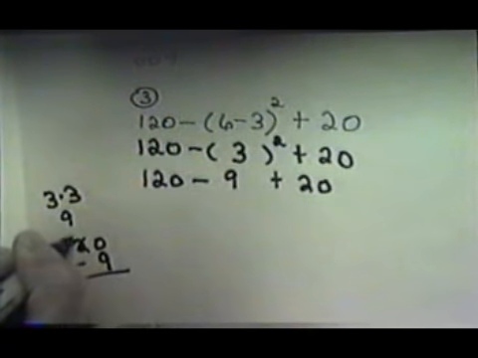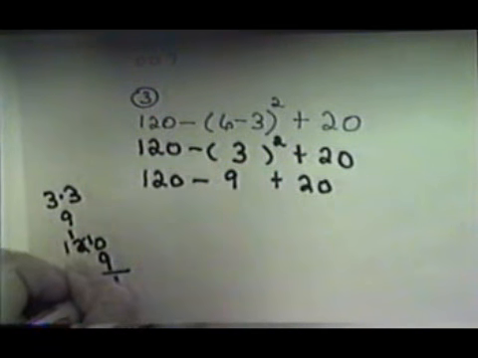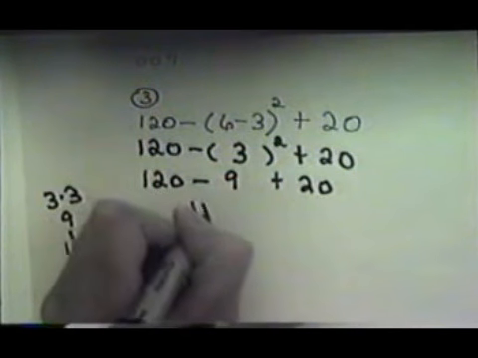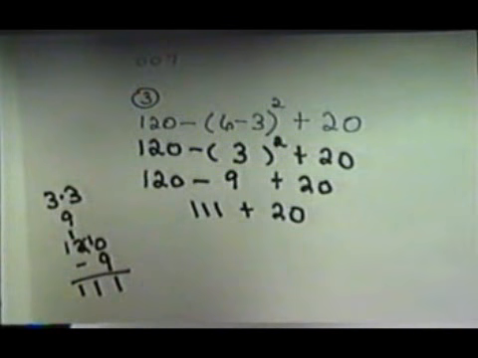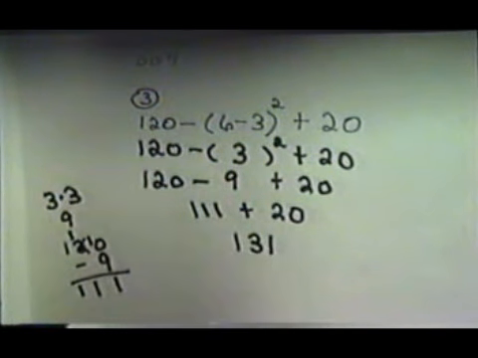We borrow 1 from the 2. So 9 from 10 will leave 1. And we bring this down. So we have 111. So we have 111 plus 20. And now if I add that, 111 plus 20, I end up getting 131. And that would be my answer.